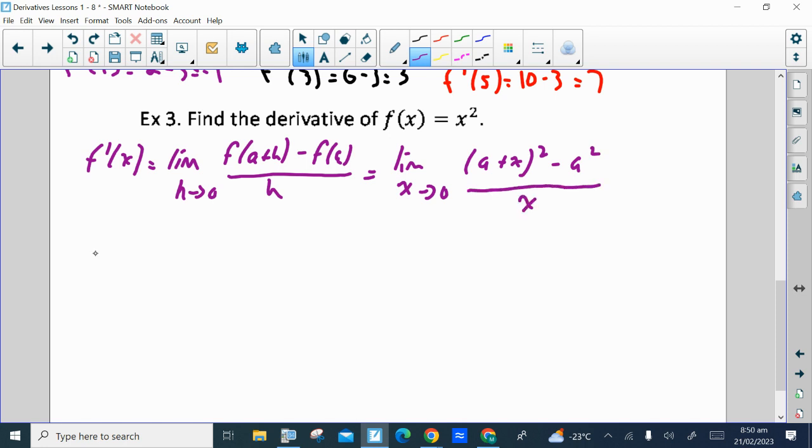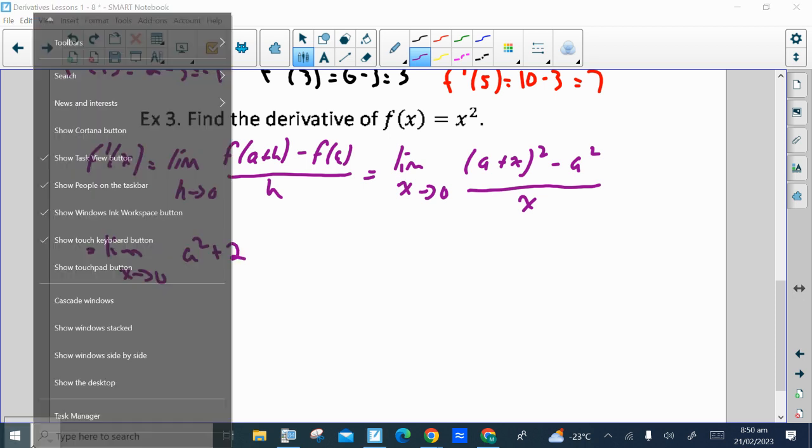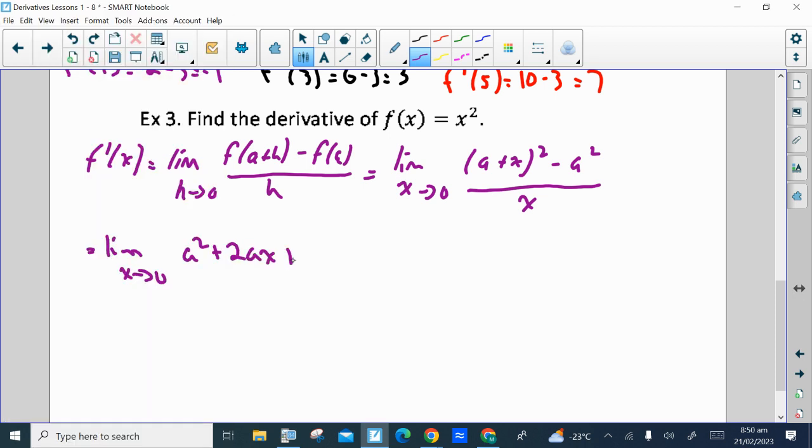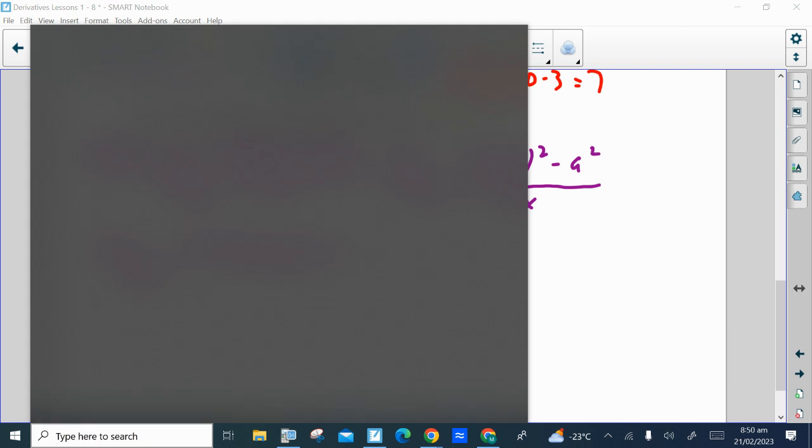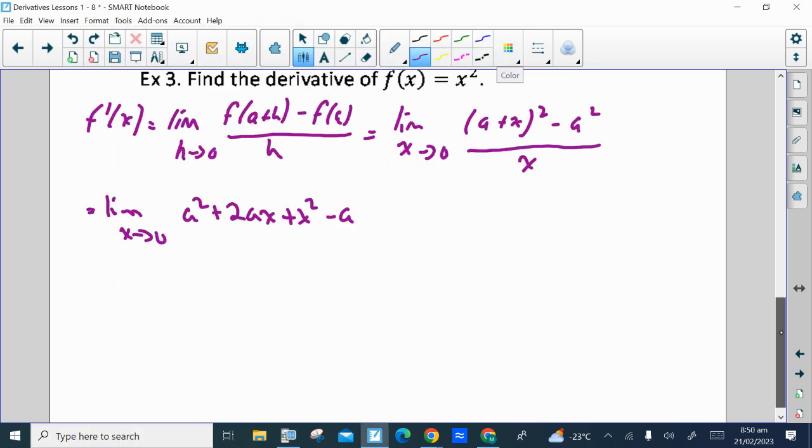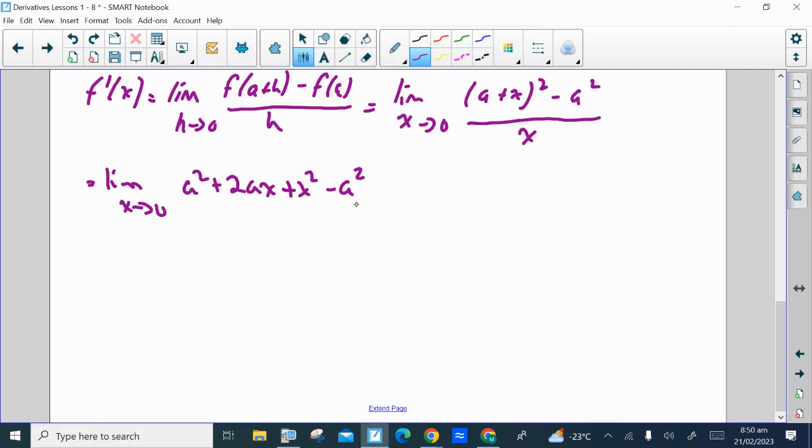All over x. So this would be the limit as x approaches 0. So when you square a plus x, it's a squared plus 2ax plus x squared minus the a squared all over x. The a squareds will cancel.